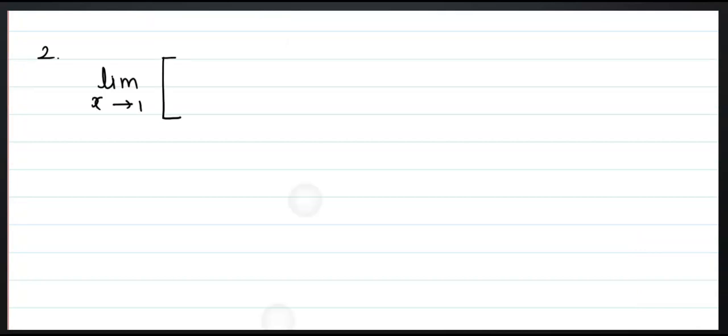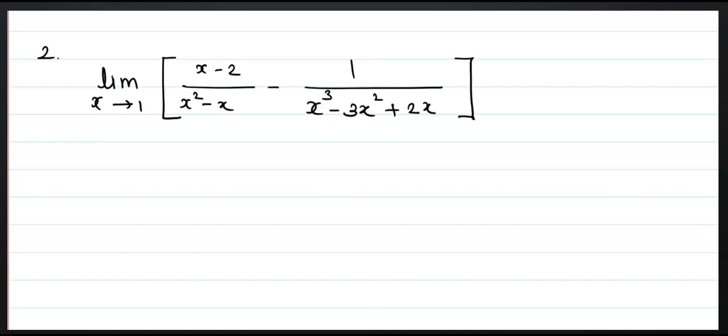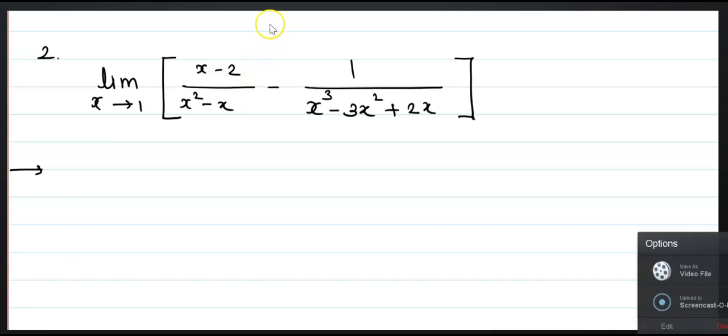Number 2. Limit x tends to 1, x minus 2 upon x square minus x, minus 1 upon x cube minus 3x square plus 2x.